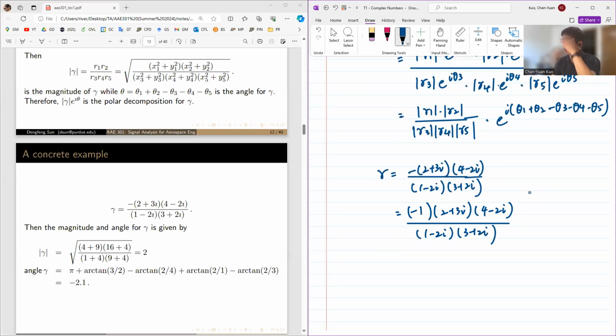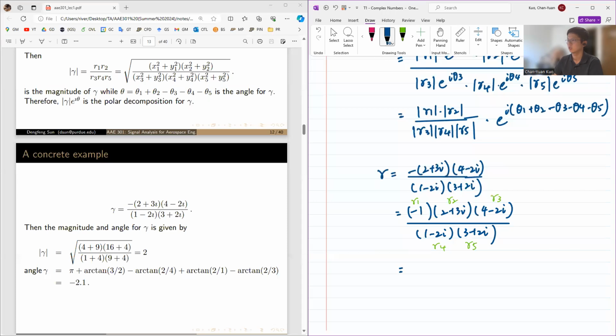So in total, there are 5 complex numbers. I'm going to write like this. So this is gamma 1, gamma 2, gamma 3, gamma 4, gamma 5.